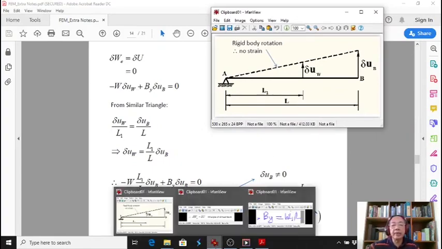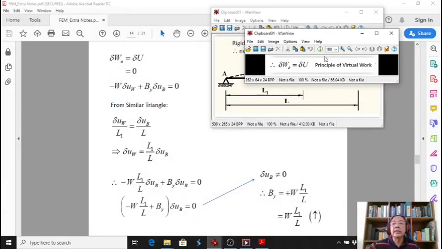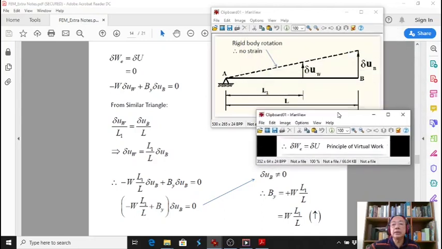Okay, and then we apply virtual work external equal to virtual strain energy. Okay, we apply this. So now, virtual work external equal to virtual strain energy, but just now we consider no straining.